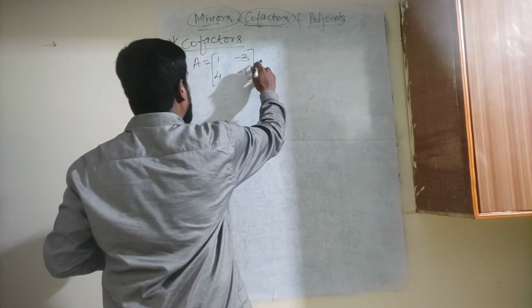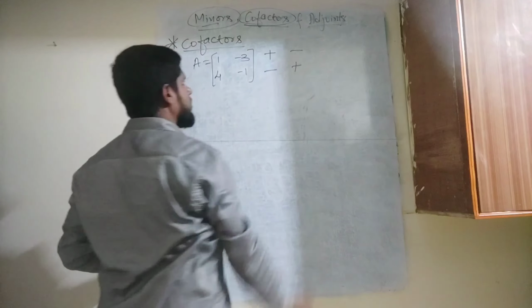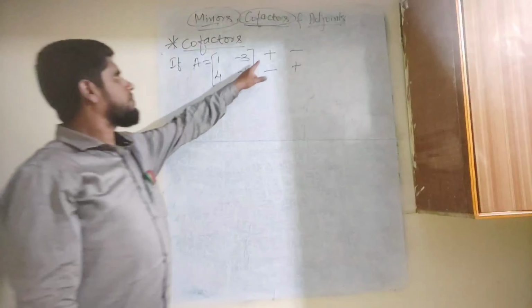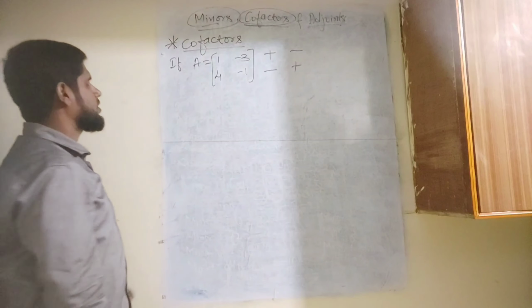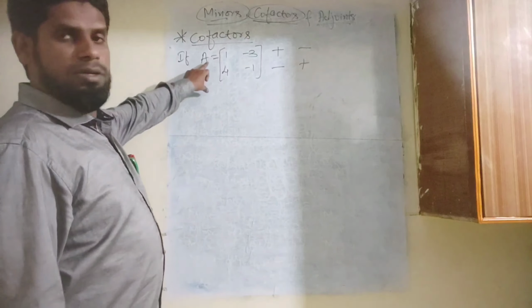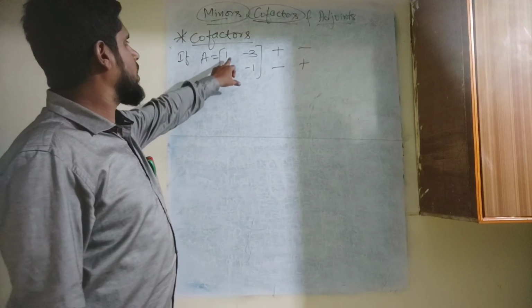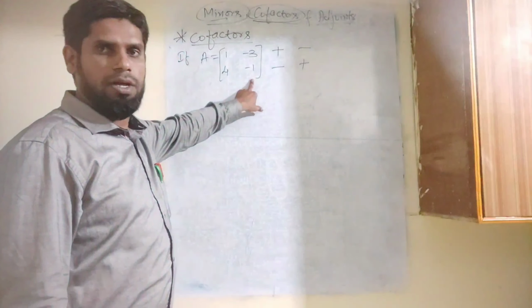So here, before we go to the cofactor, let me write the hidden signs: plus, minus, minus, plus are the hidden signs. Here we have taken a matrix whose elements are 1, -3, 4, -1.